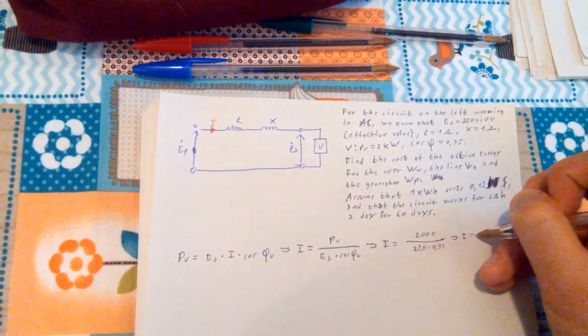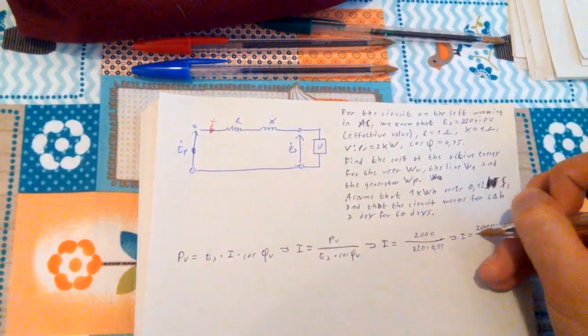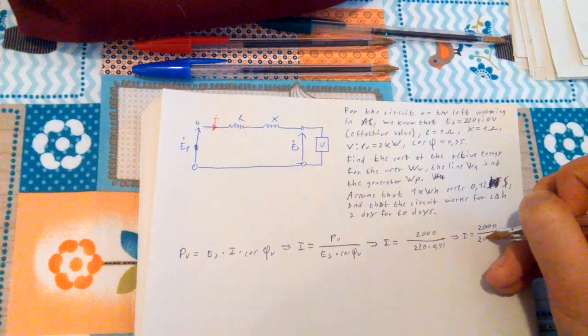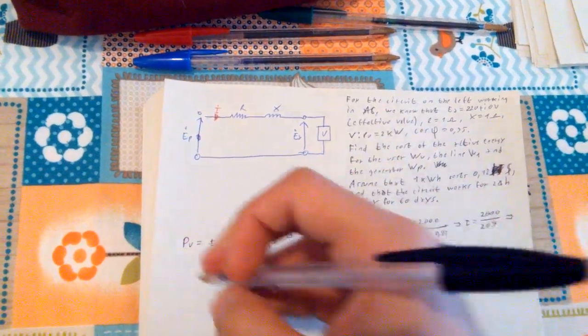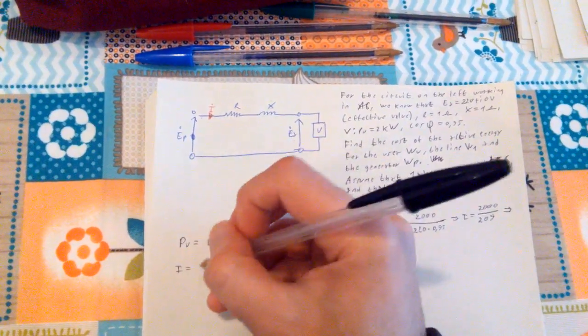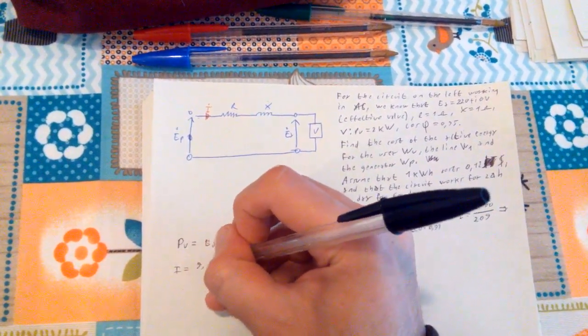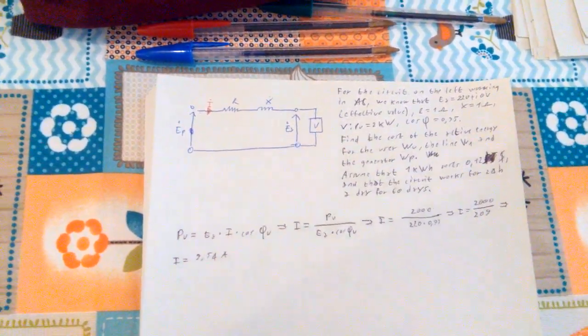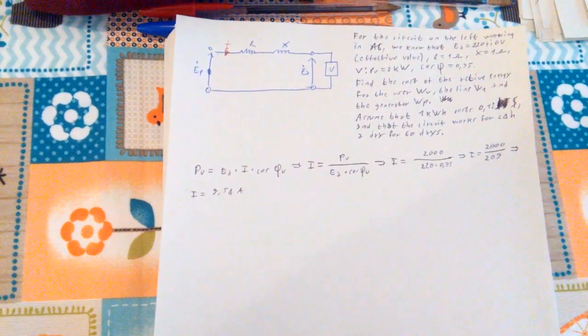So I is 2000 over 209, which is 9.54 amps. So we have found I, our current.